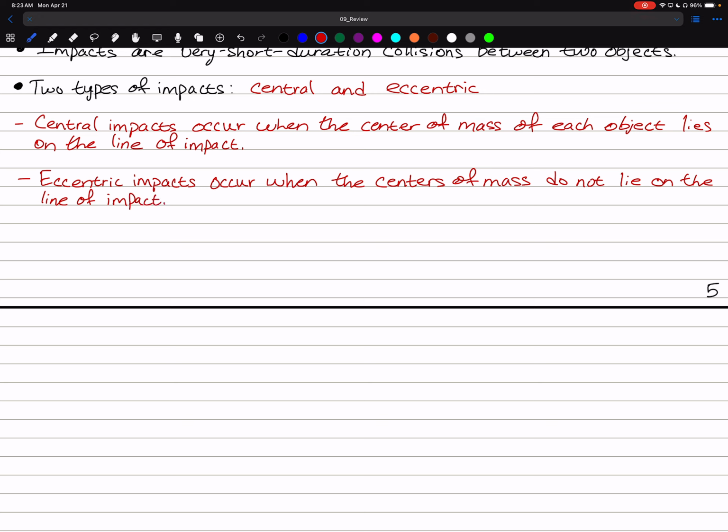We only dealt with central impacts in this class, generally because we only dealt with particles. When we deal with rigid body impacts, which we didn't cover, so it won't be on the final, you tend to get more eccentric impacts than central.